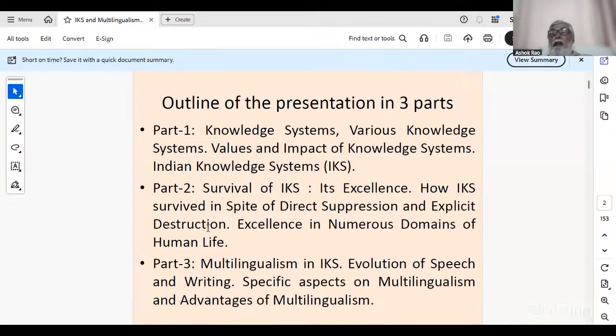The third part, one significant characteristic of IKS is that we are predominantly multilingual society. So I'll look at how this has shaped our culture, our interaction, and also has raised very interesting points about linguistics, growth of knowledge, script, all that, okay?